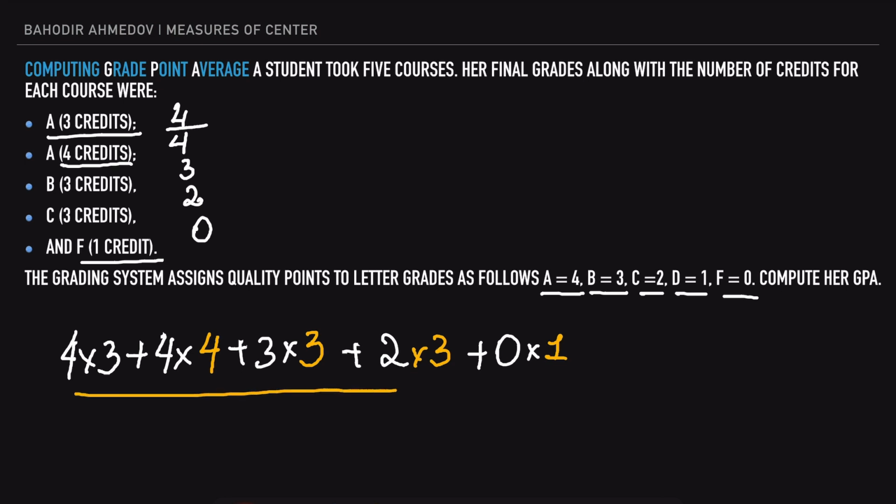And everything should be divided by the total number of credits this semester, which is 3 plus 4 plus 3 plus 3 plus 0.